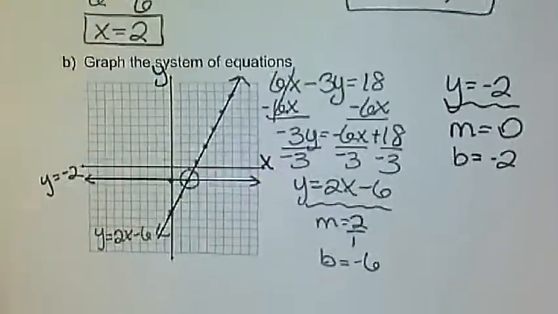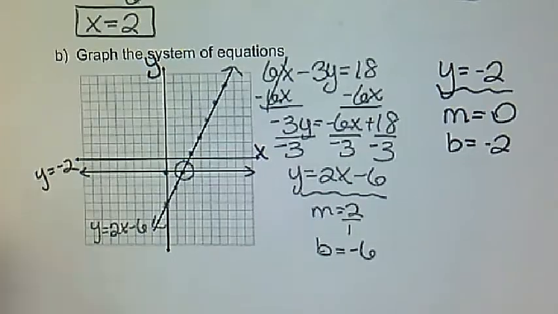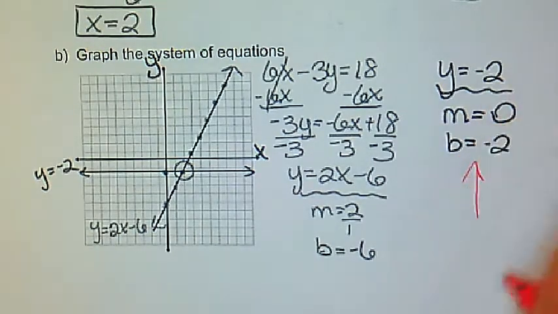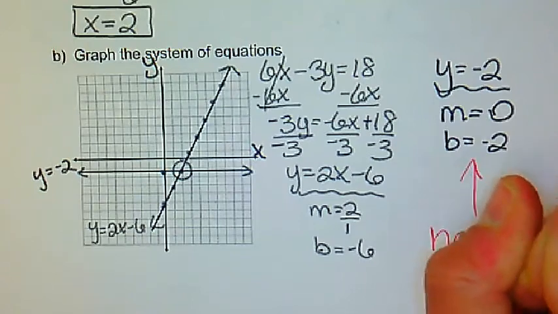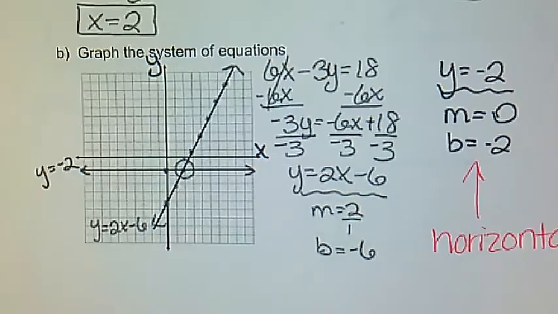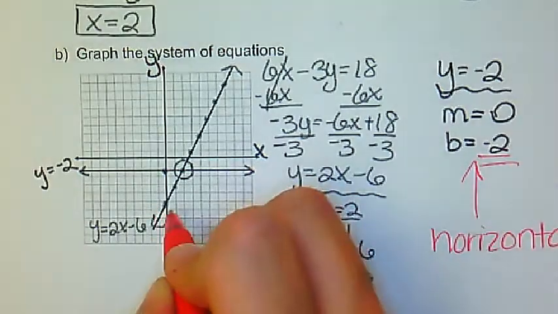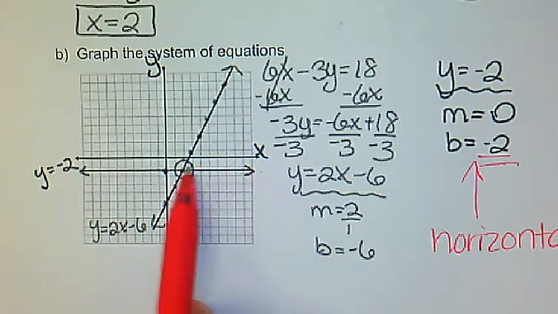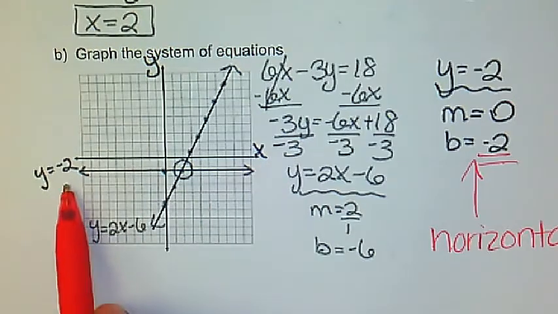Okay. So for graphing this, just as a reminder, please remember the line y equals -2 is a horizontal line. Okay, and it goes through -2. So this line right here is y equals -2.